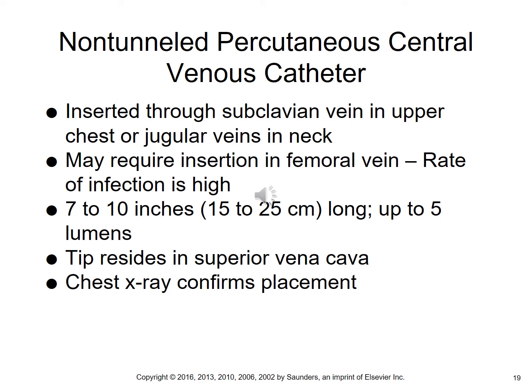The other thing about this IJ is it actually does sit in the superior vena cava as well. So the rate of infection can be high, especially depending on how you decide to utilize the IJ and if they have any other chronic conditions or emergency conditions.